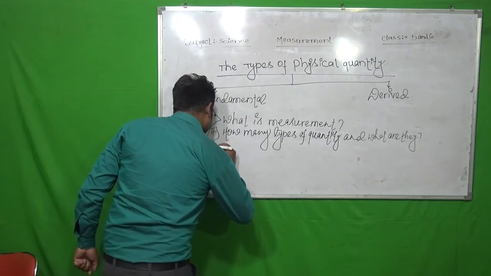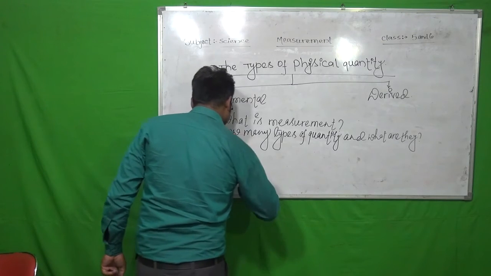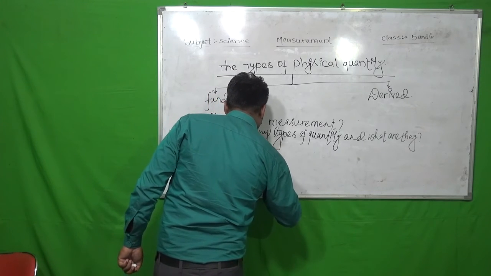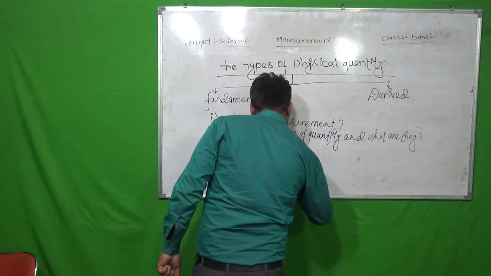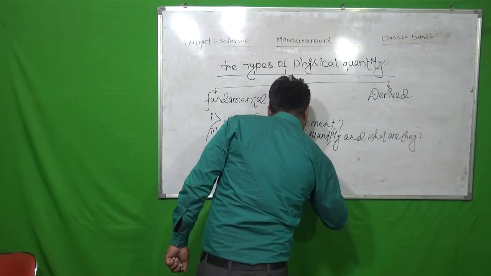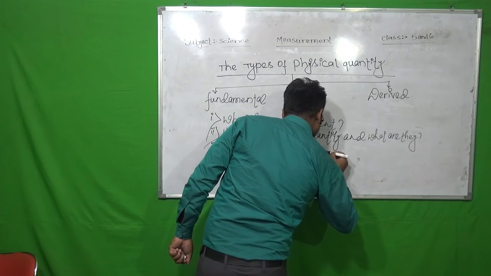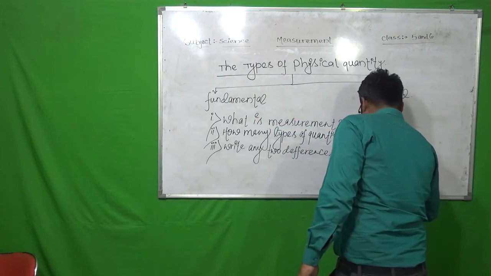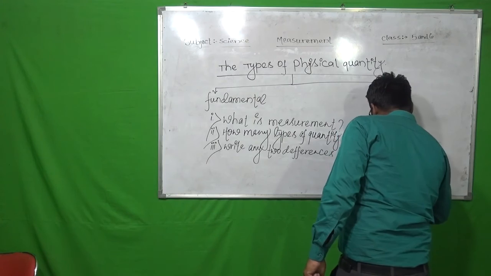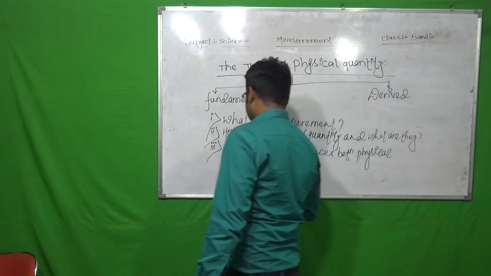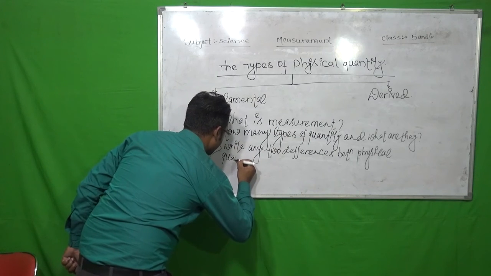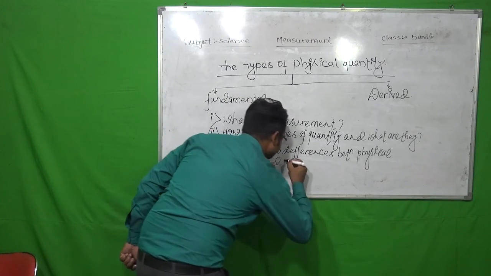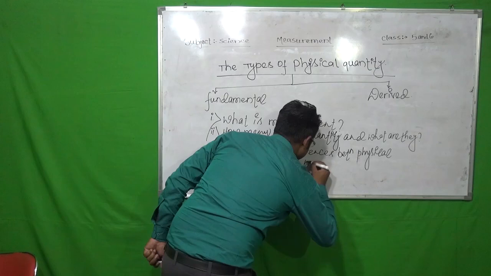The third question is, write any two differences between physical quantity and non-physical quantity.